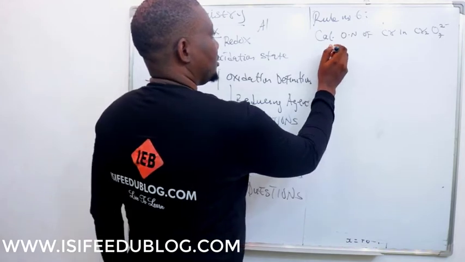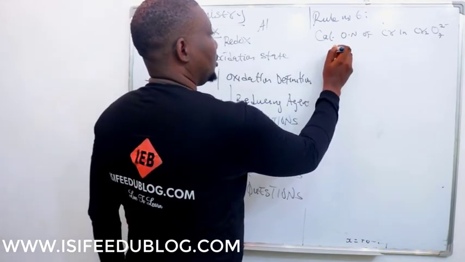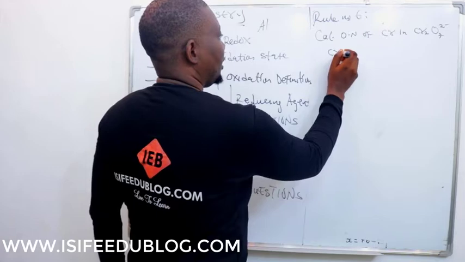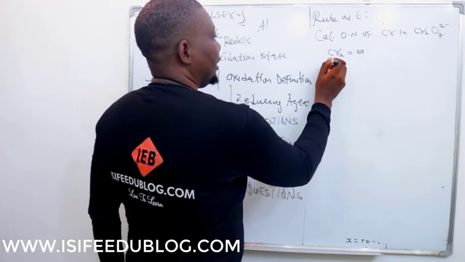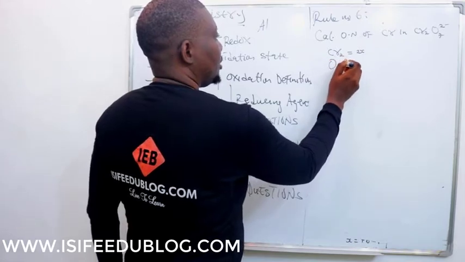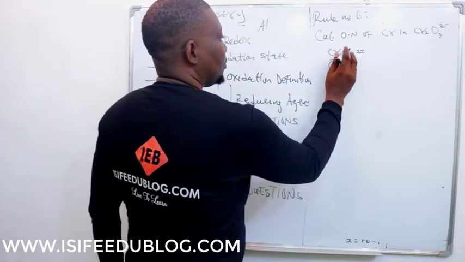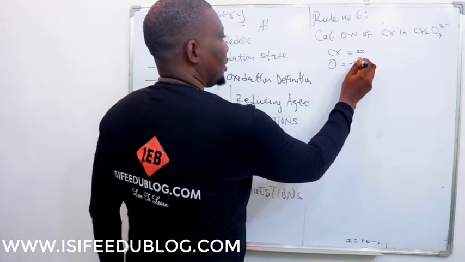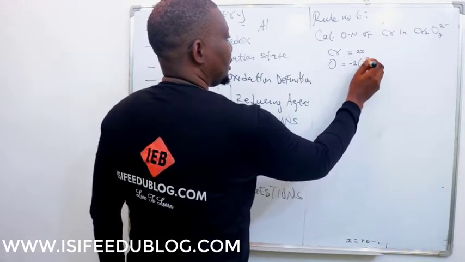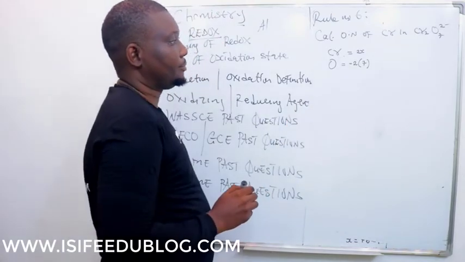Since we are looking for chromium in this compound, chromium here, which is Cr2, will be 2x. And then oxygen here will be minus 2, and there are 7 atoms of oxygen there. Okay.